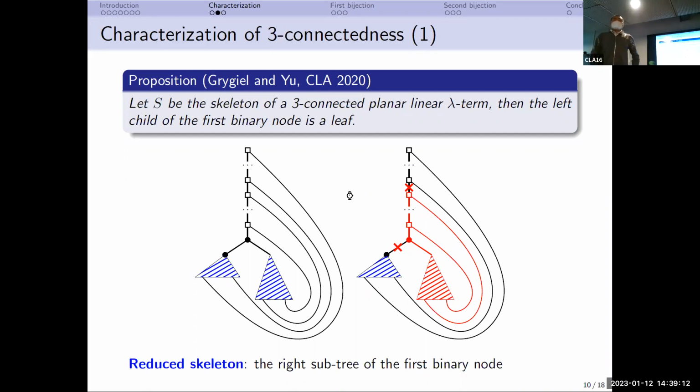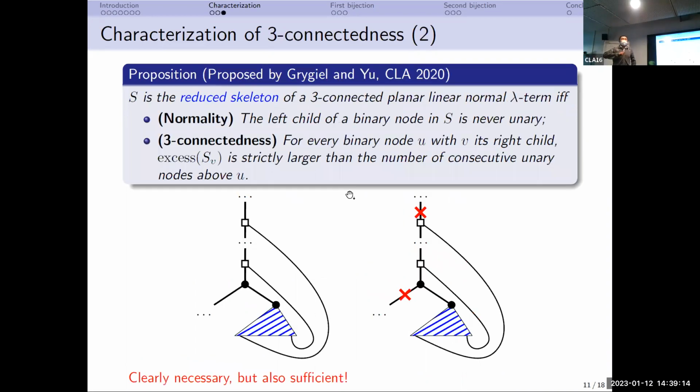Okay. And then the full characterization given by Kasia and Guanru is the following. For a unary binary tree to be a reduced skeleton, it has to satisfy the following two conditions, which are also sufficient. The first one is normality, the one we talked about. We avoid a certain pattern.